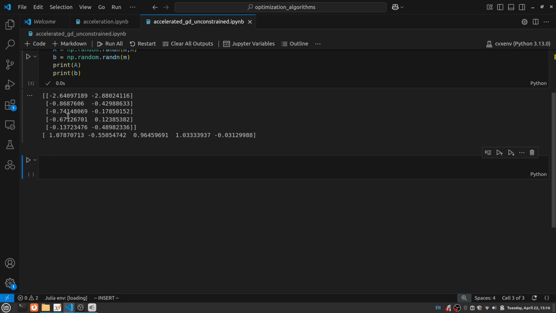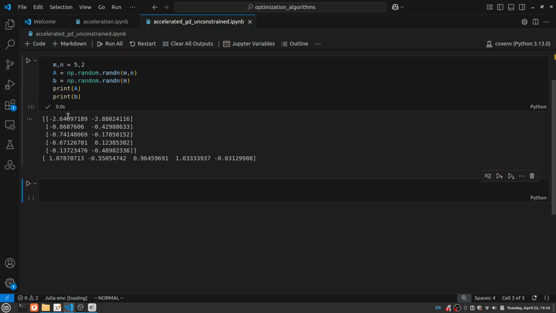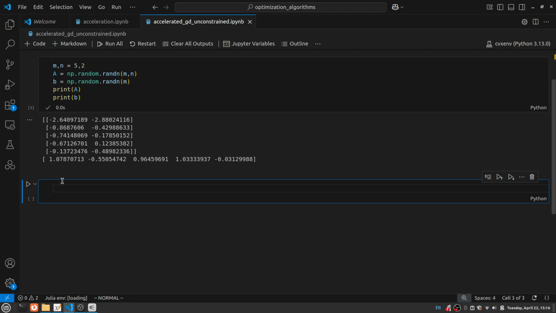I get something. It doesn't matter what it is. So now let's find the least squares solution for this particular problem. We can evaluate it analytically. What will it be equal to?